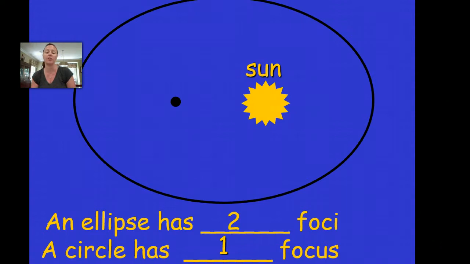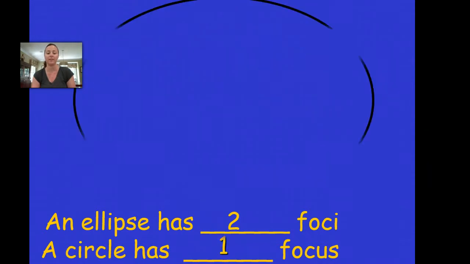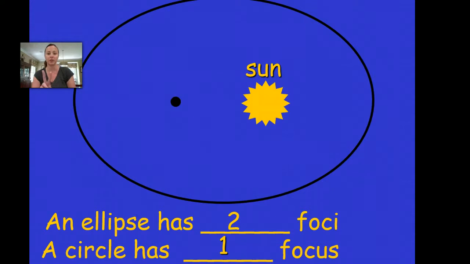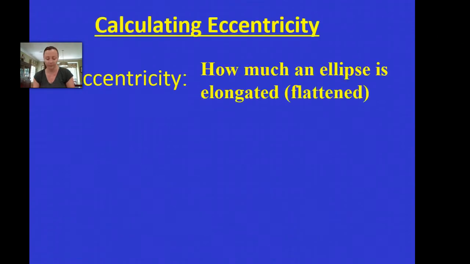A circle only has 1 focus, and it's directly in the center. Like that. Okay, so there's the difference. We have an ellipse with 2 foci and a circle with 1 focus. Foci is plural.